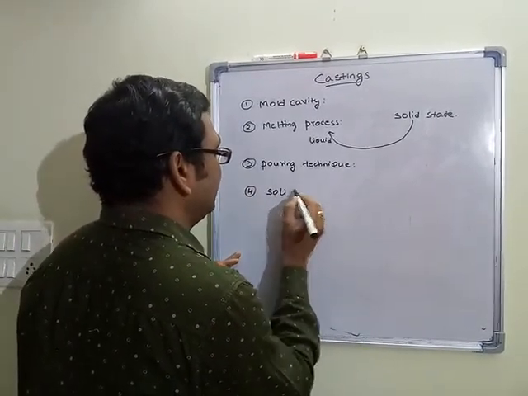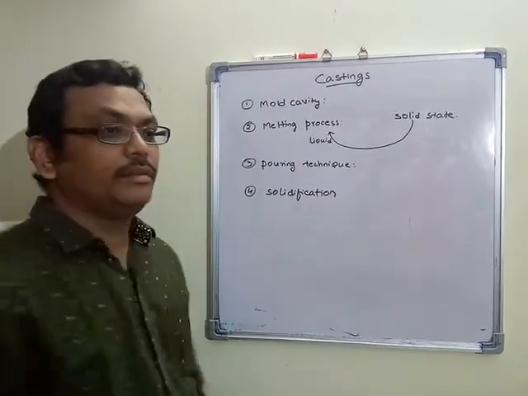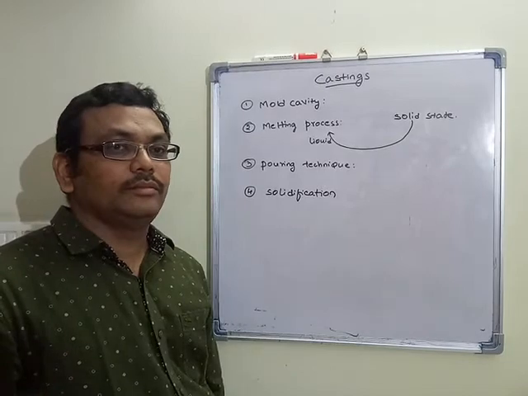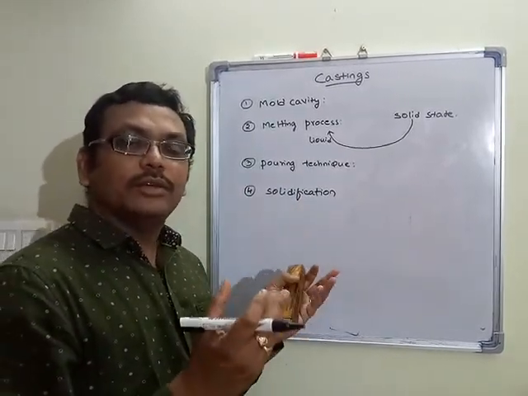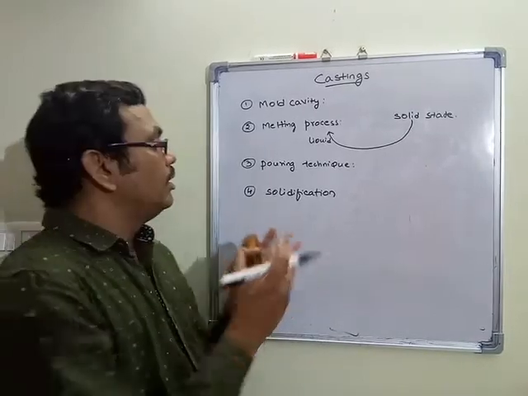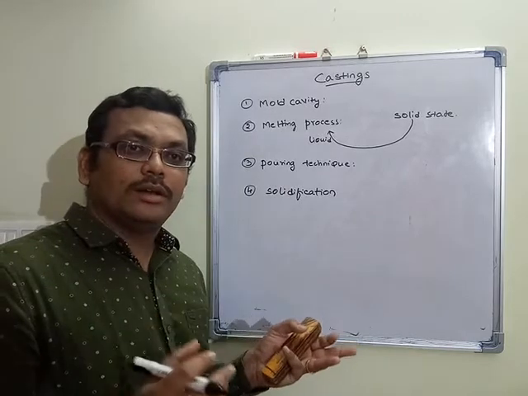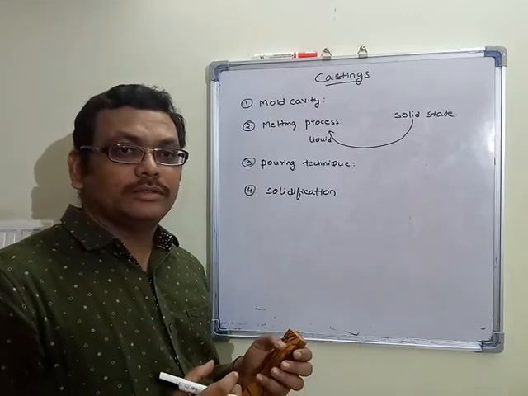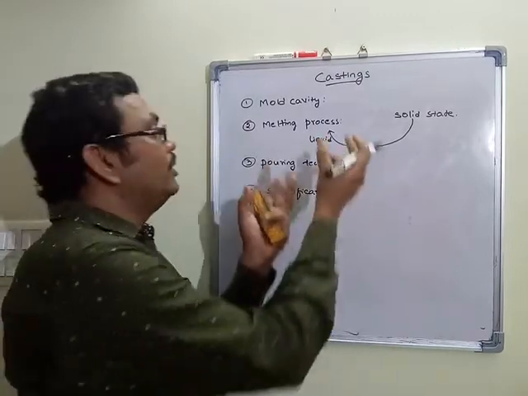Next one is solidification. So what is this solidification? Solidification means cooling that casting part before the final output. Here, in the pouring technique we pour the liquid into the mold cavity.